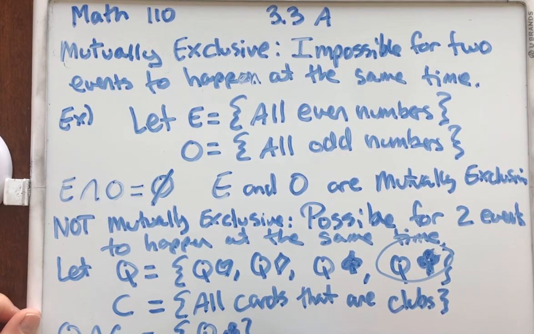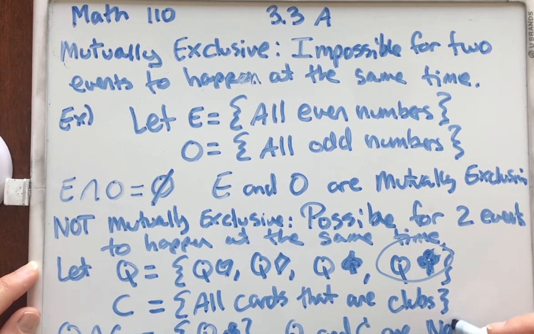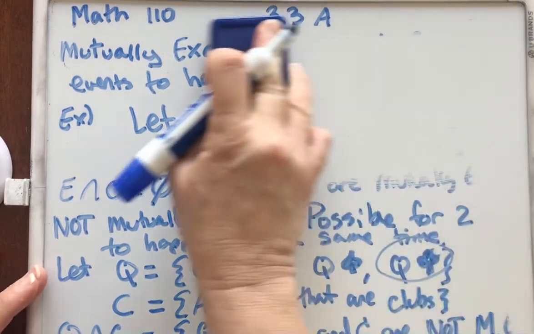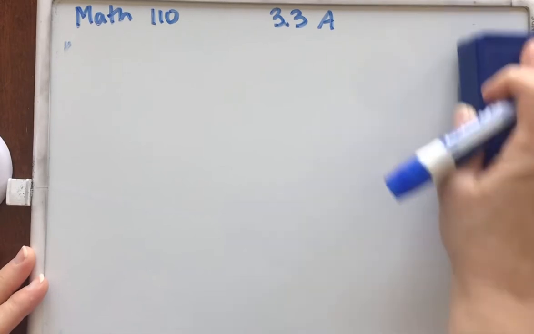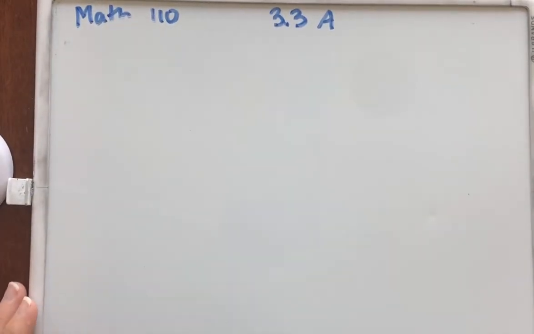Because it is possible to have two events happen at the same time, we can say that the set Q and the set C are not mutually exclusive. And from now on, instead of keep writing mutually exclusive, I'm going to put M.E.